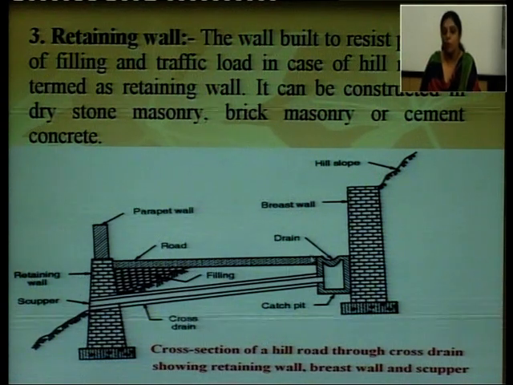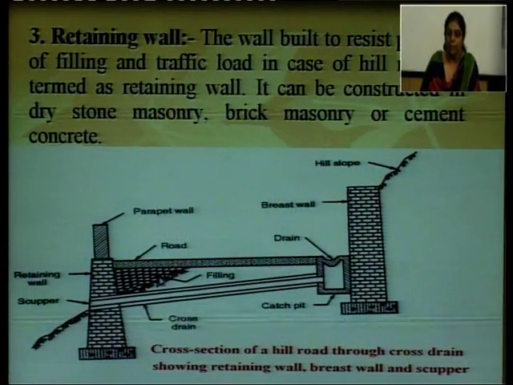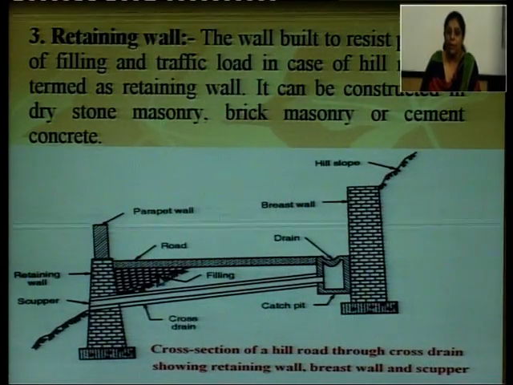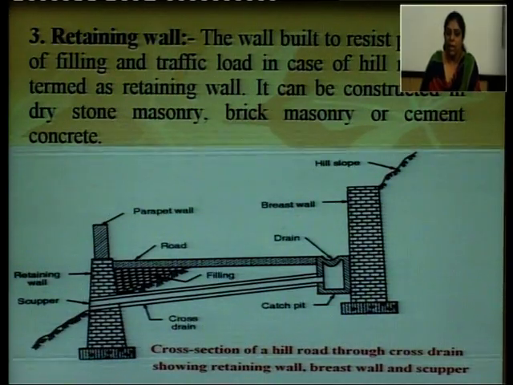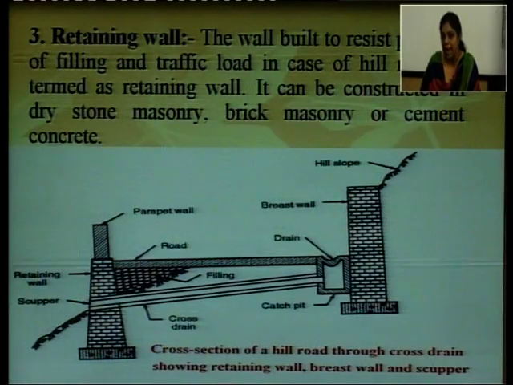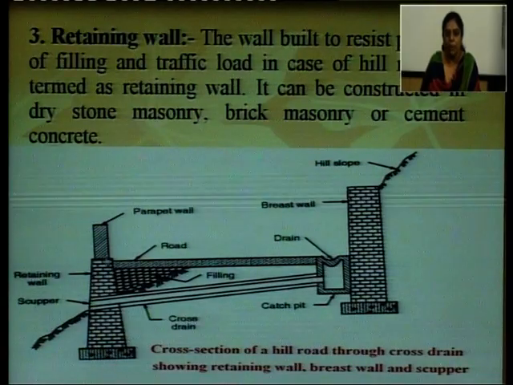So, now we are talking about the retaining wall. What is a retaining wall? The wall built to resist pressure of filling and traffic load in case of hill roads is termed as a retaining wall. Like here, you can see that this wall is the retaining wall.